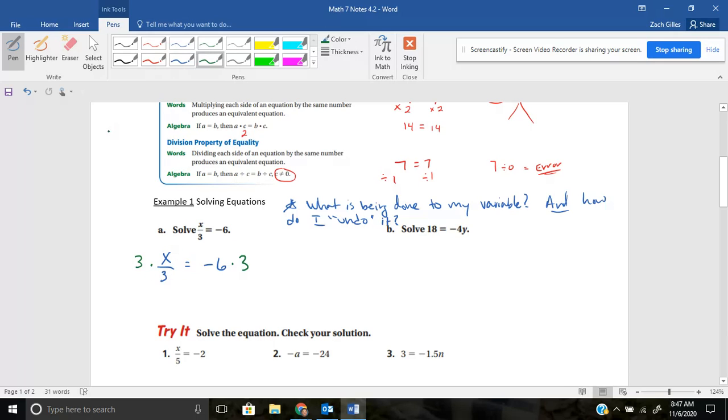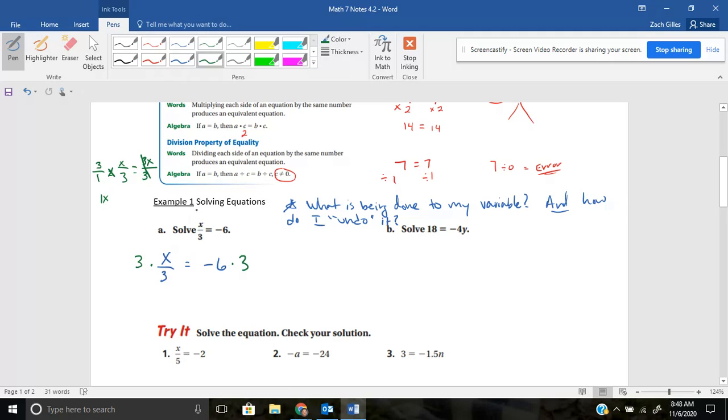Well, remember that when I multiply by a fraction, I can just put 1 as my denominator here. 3 is the same as 3 over 1 times x over 3. What would I get? Well, 3 times x is 3x over 1 times 3 is 3. What is 3 divided by 3? Well, that's 1, right? So I'd be left with 1x.